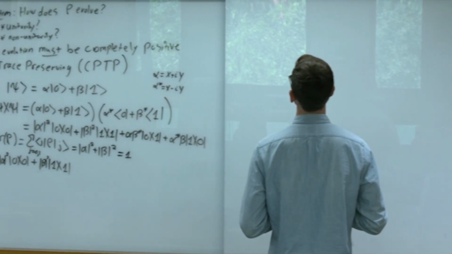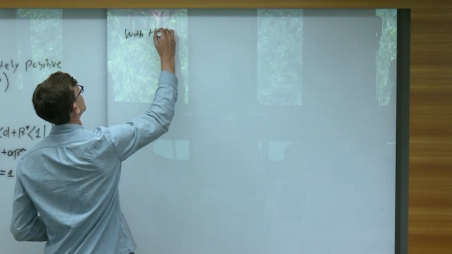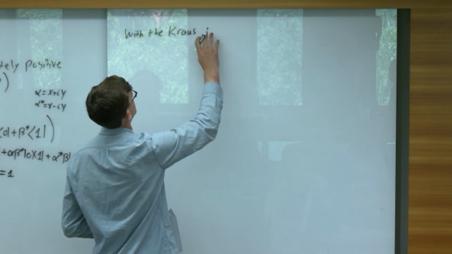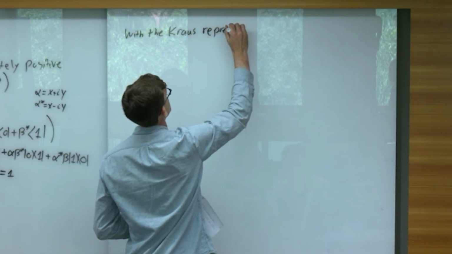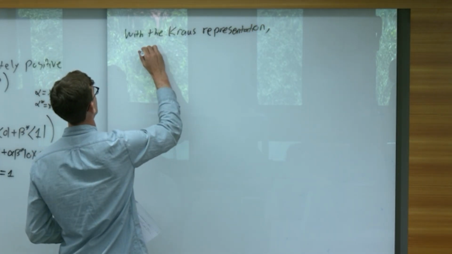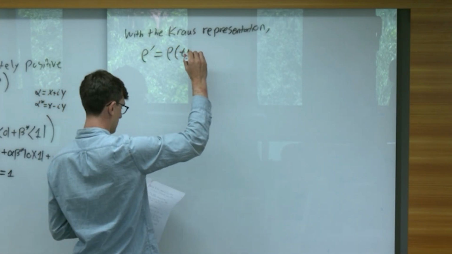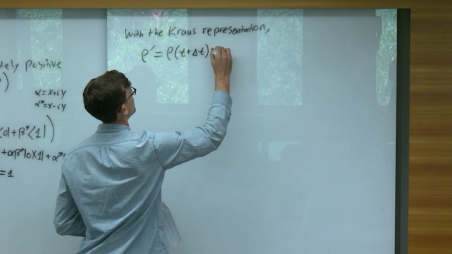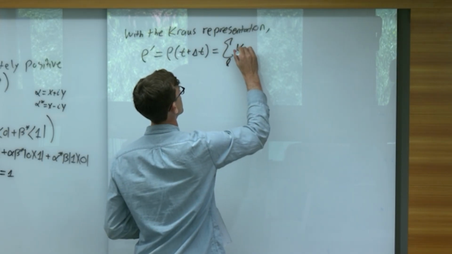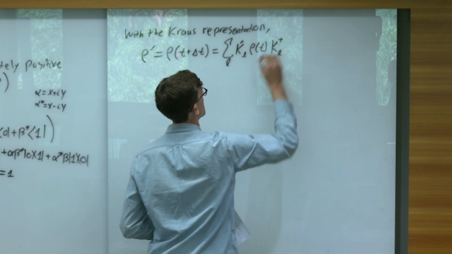The question is, how does rho evolve? With the so-called Kraus representation, which sounds a lot more scary than it actually is, the density matrix evolves as, which I'll call rho prime, which is rho of t plus some delta t, equal to some sum on L, K_L rho of t K_L dagger.